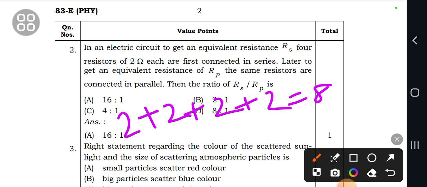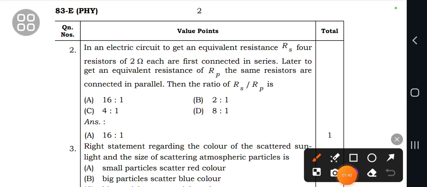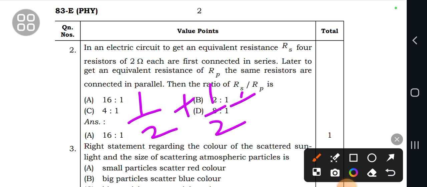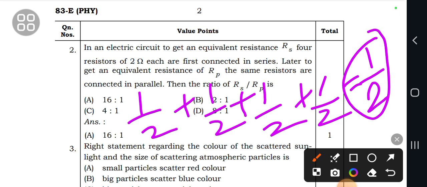For the second case, they are in parallel. The parallel formula is 1 by 2 plus 1 by 2 plus 1 by 2 plus 1 by 2, which equals 2, so RP is 1 by 2. They ask for the ratio.